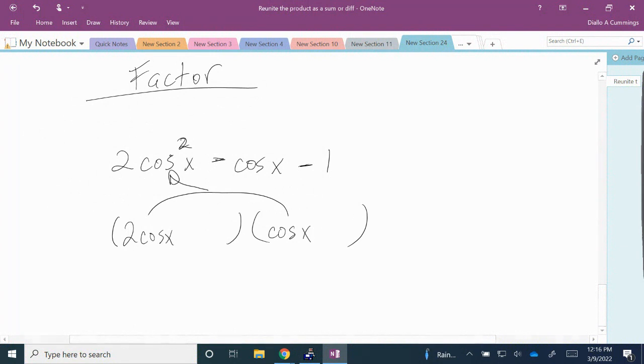Now I have to determine my signs. Here's where a little bit of trial and error comes in, or trial and check, I should say. Since my last term is negative, I know that one of my numbers should be positive and one of my numbers should be negative. So I'm going to make the first term positive and the second term negative.